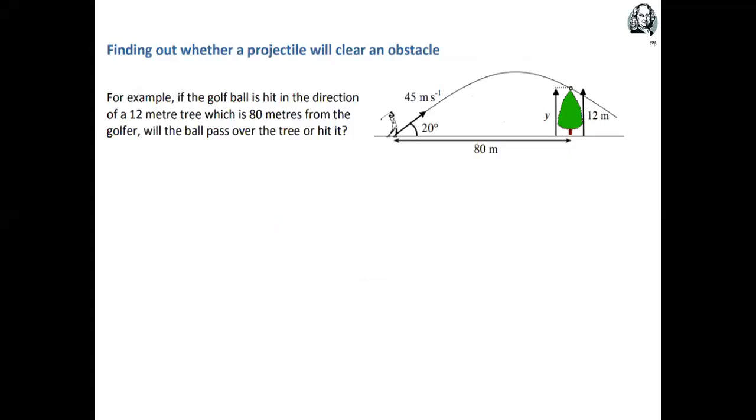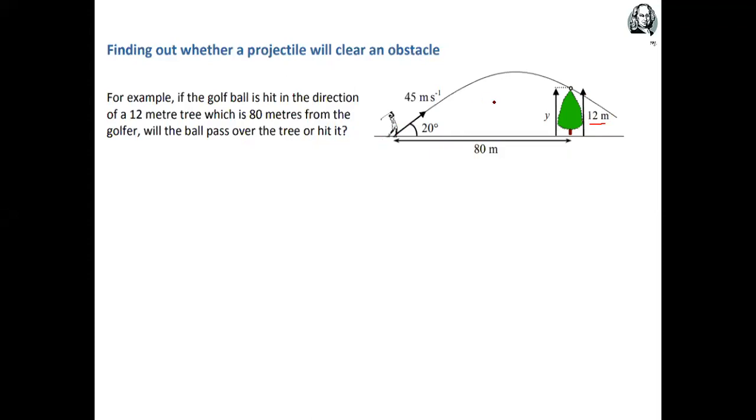The initial velocity is 45 meter per second, making an angle of 20 degrees. There is a tree 80 meter away. The height of the tree is 12 meter. So we need to find whether the ball passes over the tree or hits the tree.